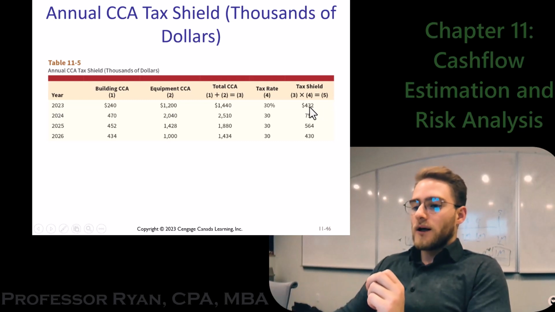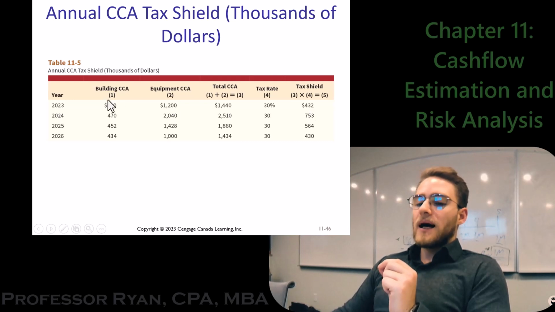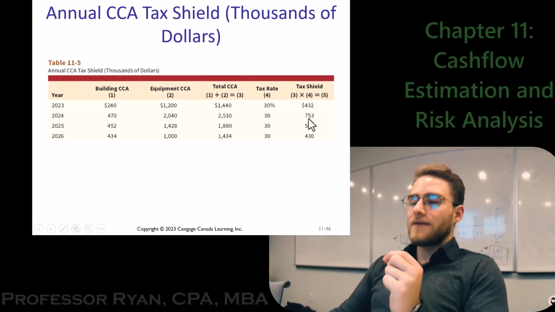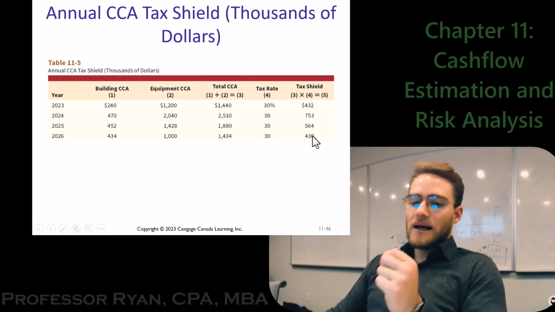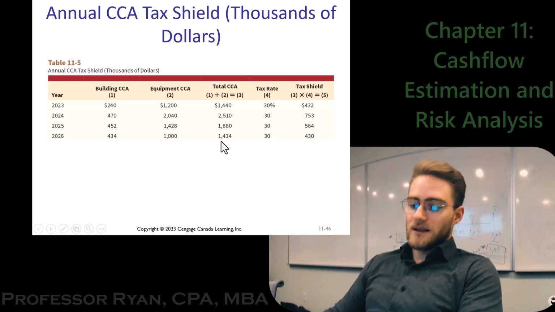This $432, this is the tax refund that we get because we were able to deduct this amount. So in this case, in 2024, we get $753 back because we got to deduct $2,500 in taxes, right? And then say for 2026, we get $430 back because we were able to deduct the $1,434.